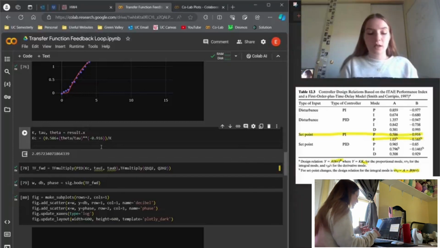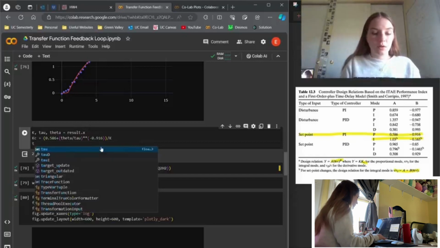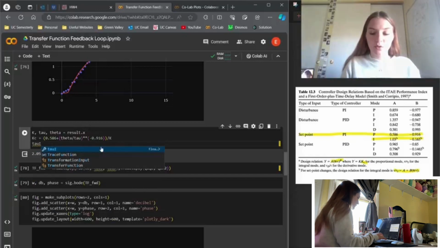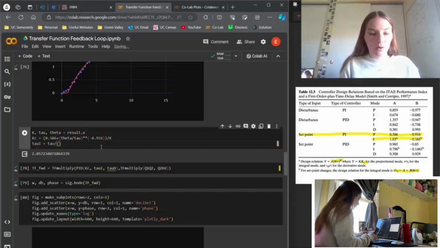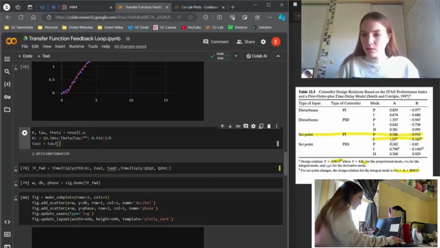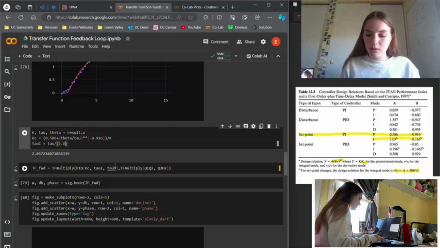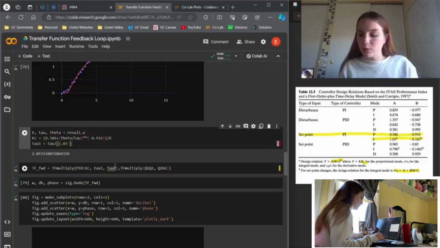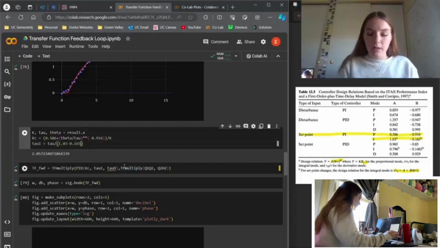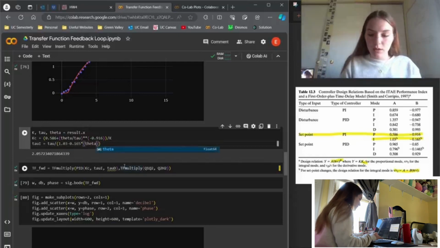So we can say that our tau I is equal to our tau divided by our a, which in this case is 1.03, plus, or we're going to subtract since we have a negative number, we have 0.156 given for b, and then this is going to be multiplied by our theta divided by our tau.